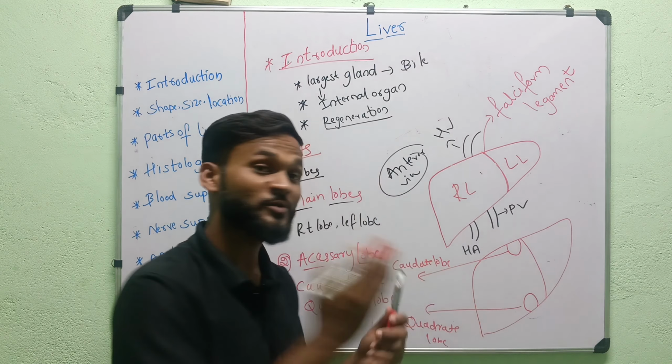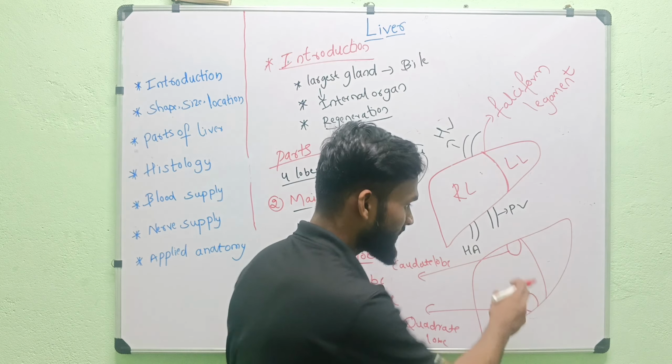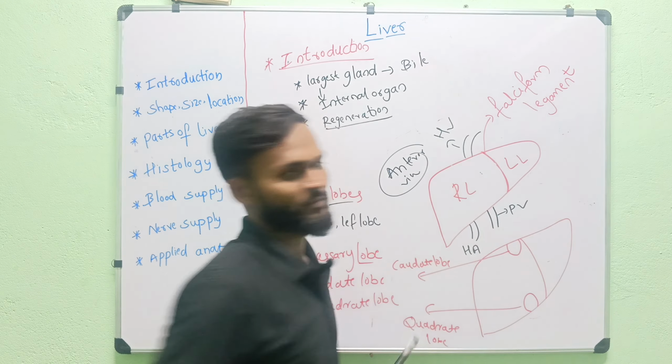They are present at the posterior side of your liver, in the right lobe. Here is one small lobe, known as the quadrate lobe, and this lobe is known as the caudate lobe.